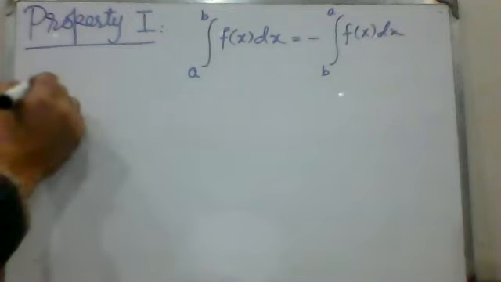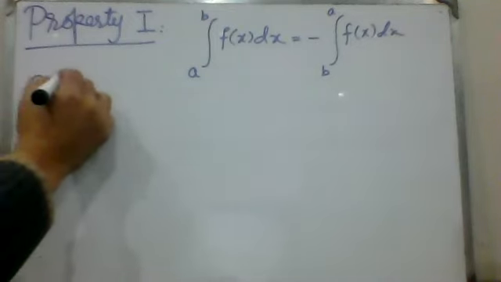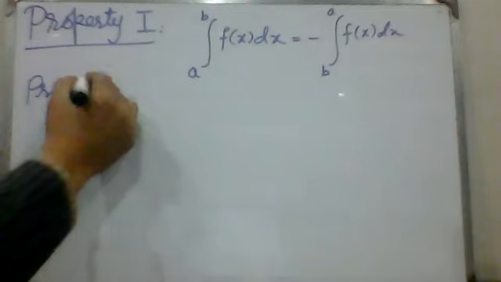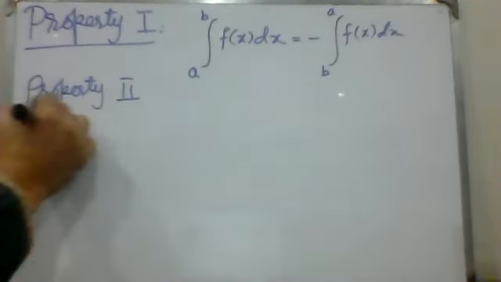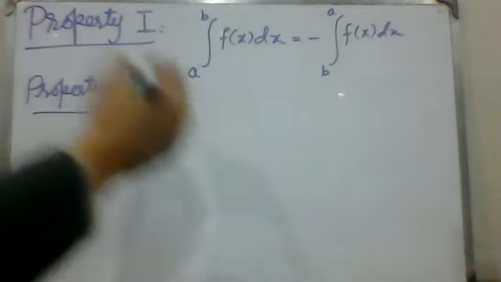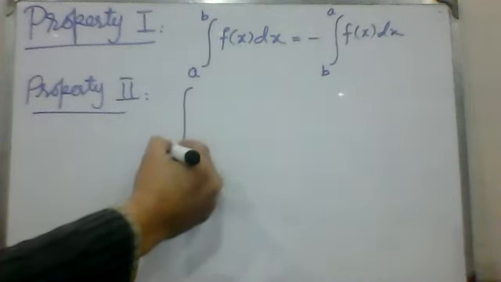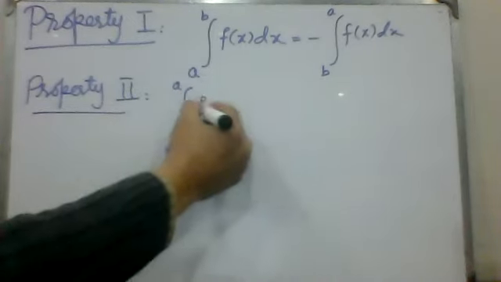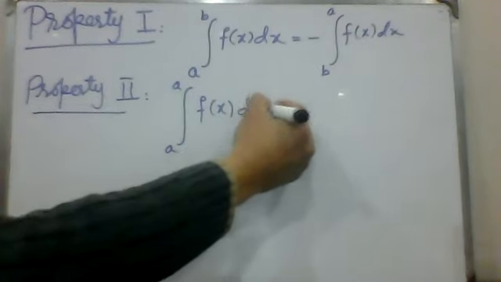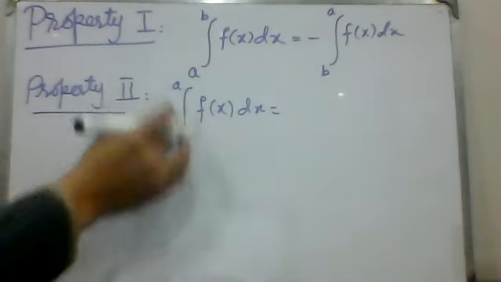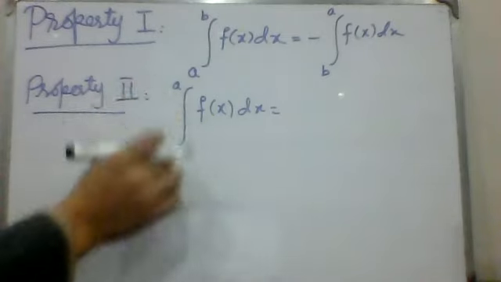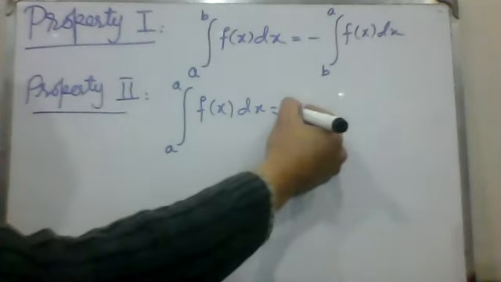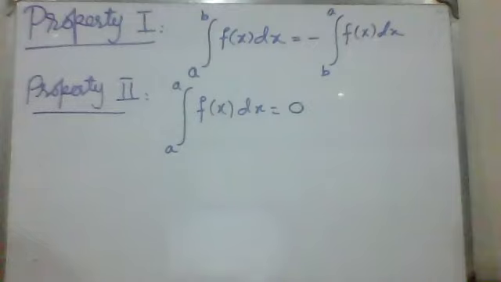The next property is here, property 2. Second property. In the second property, if the domain of the integral is the same throughout, meaning from A to A, B to B, 0 to 0, 1 to 1, we simply say that its integral is 0.